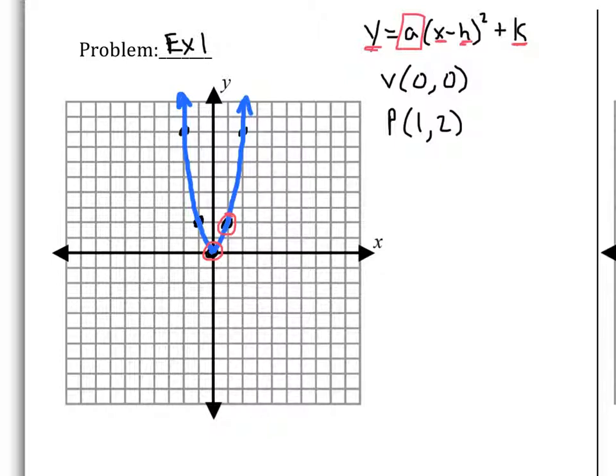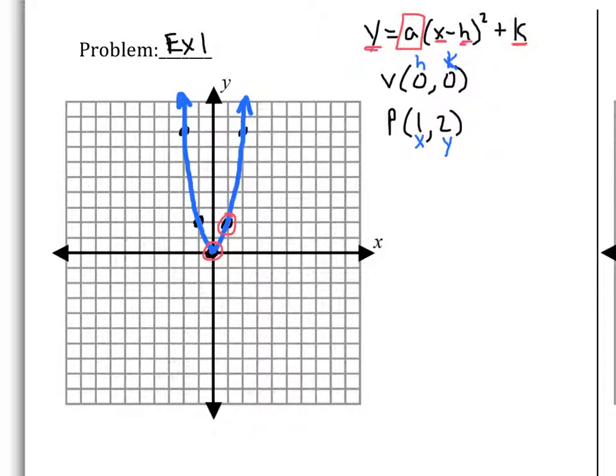So remember that this point here, the vertex, gives us h and k. And then the point we found gives us x and y. And remember, it's always in those orders, right?